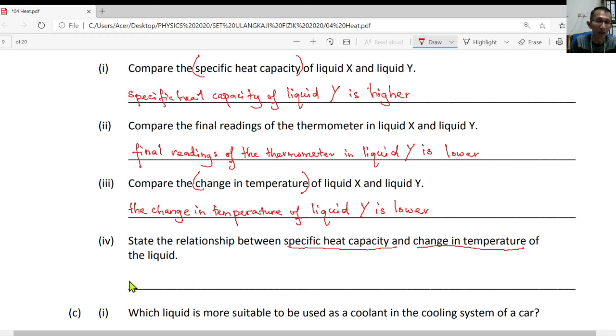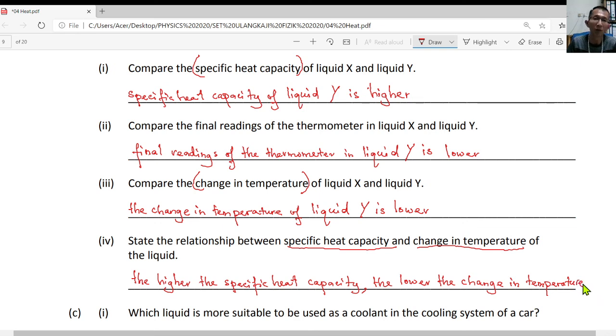Here you can write: the higher the specific heat capacity, the lower the change in temperature. Okay, can you follow? All right.